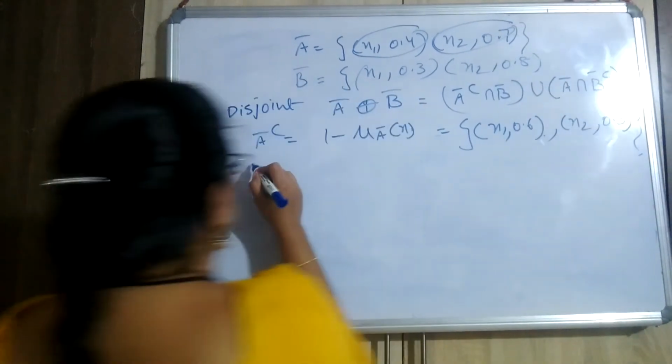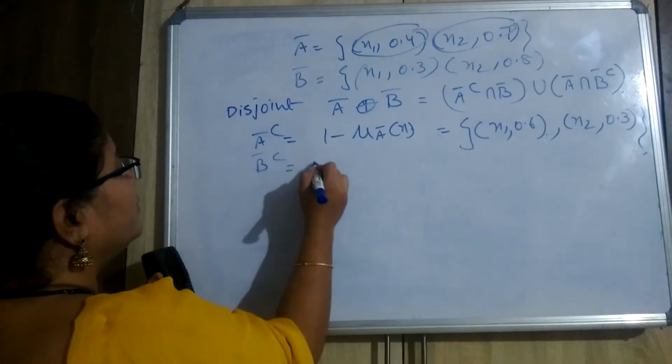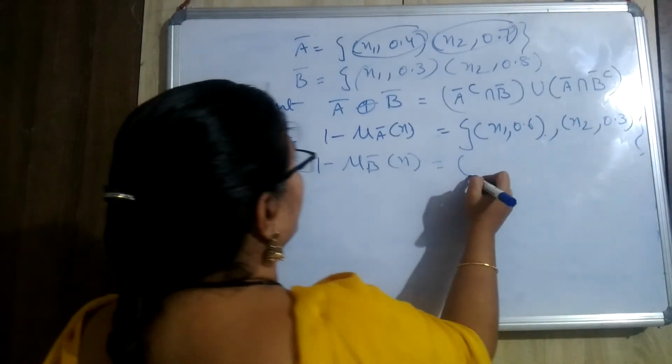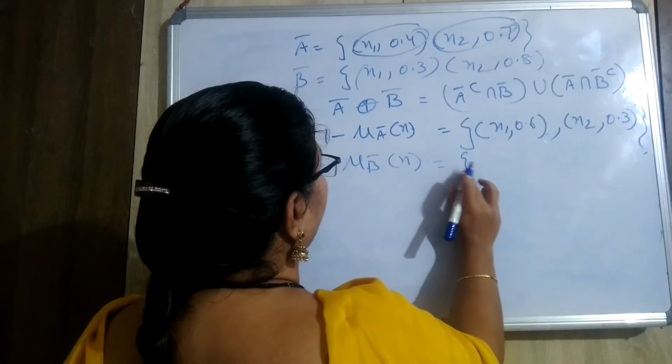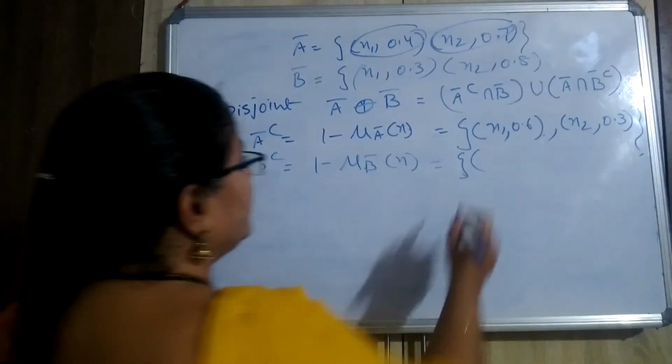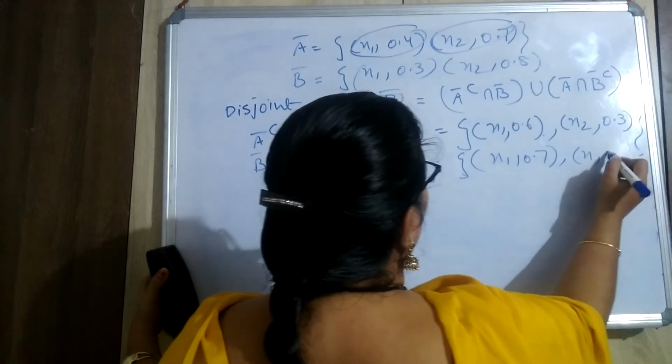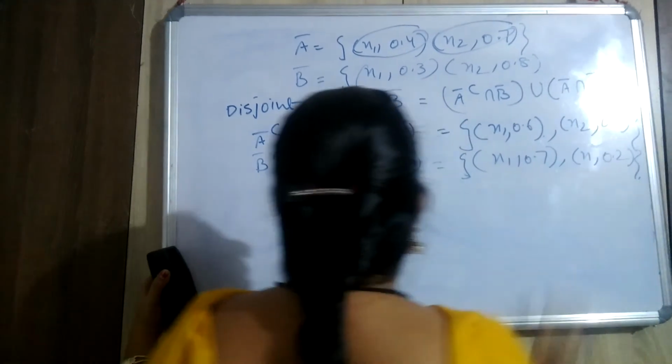This is the A complement. What is the B complement? It is given as 1 minus mu B bar of x. Previously we have done that. So x1 comma 0.7, x2 comma 0.2. This is the B complement.